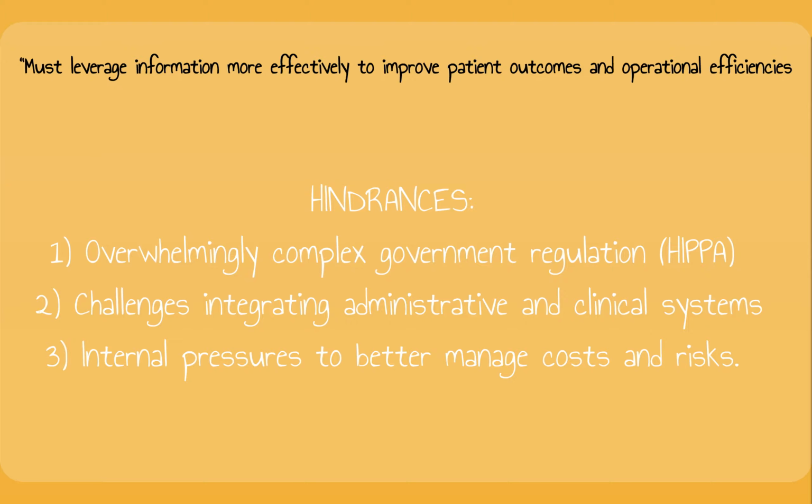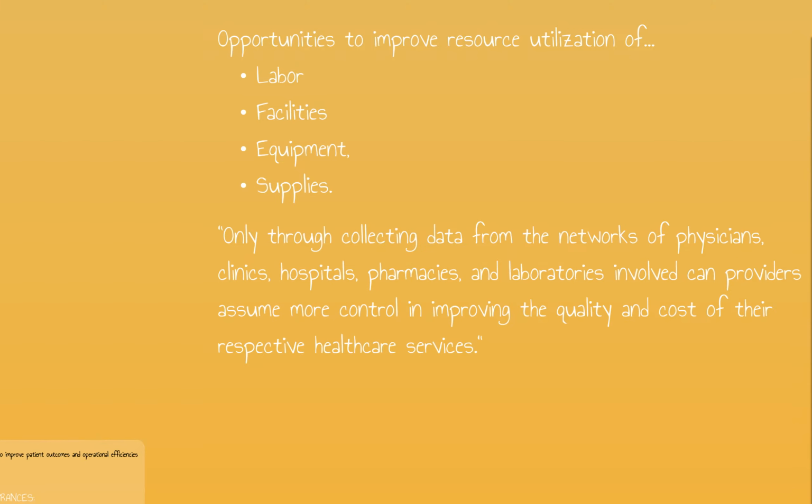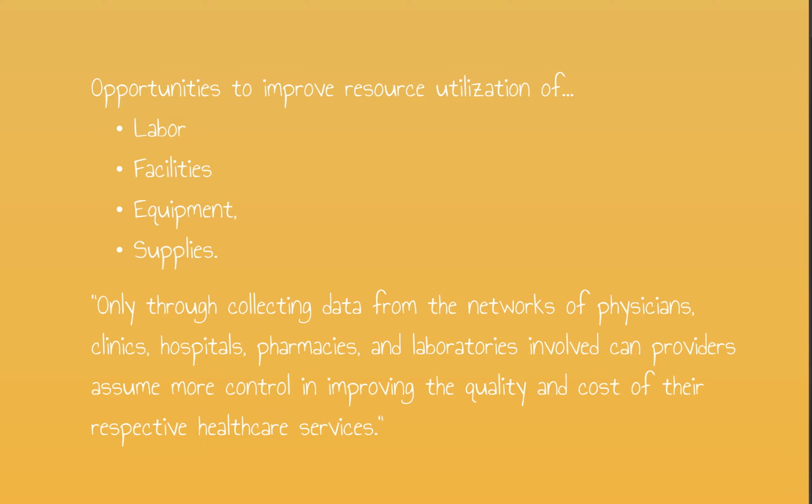It is up to healthcare analysts to identify those opportunities to improve resource utilization of labor, facilities, equipment, and supplies. Only through collecting data from the networks of physicians, clinics, hospitals, pharmacies, laboratories, and all others involved can providers assume more control in improving the quality and cost of their respective healthcare services.